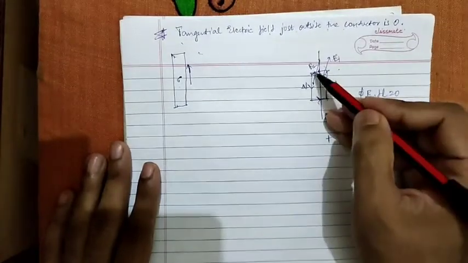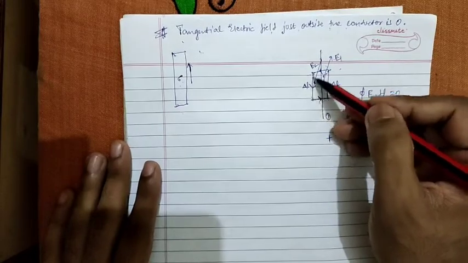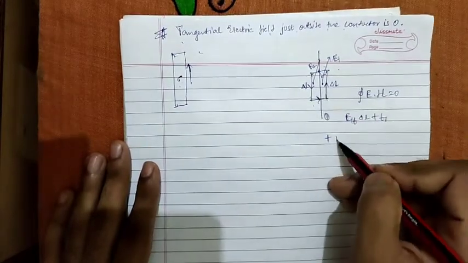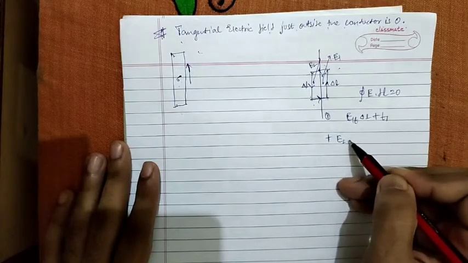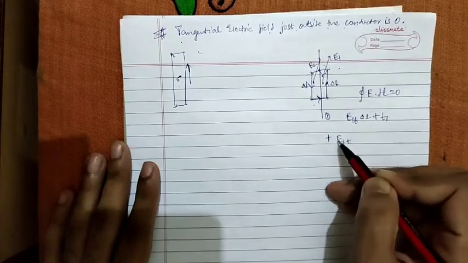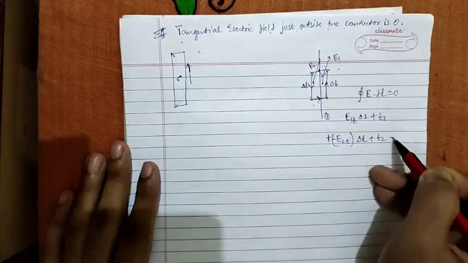I'm moving to this side now, where the electric field is in the opposite direction to this length element. So E2 delta L, negative of E2t delta L, is equal to 0.